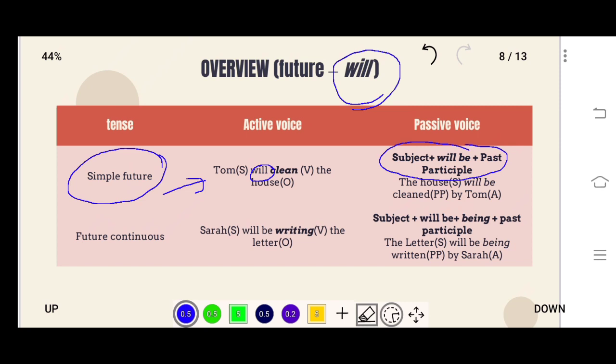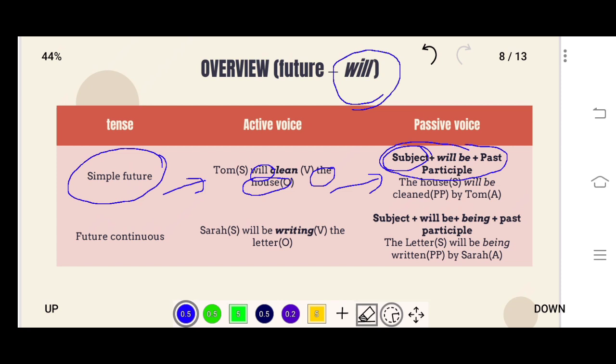Alright, so let's change. For the first one, which one is the subject? In the active voice, we have the object, the house. So in the passive voice, the object becomes the subject.